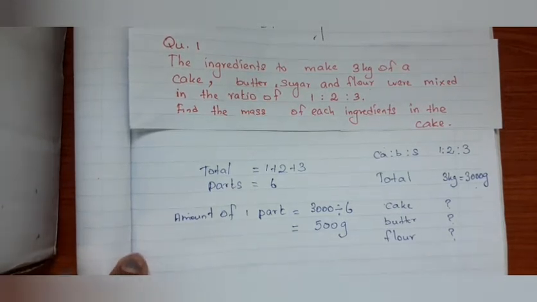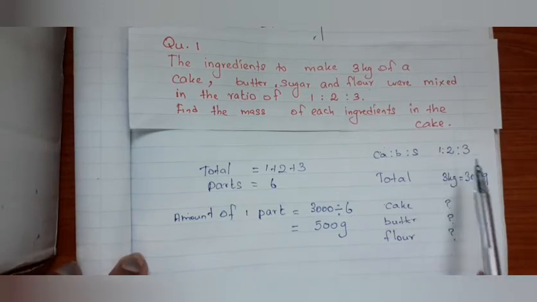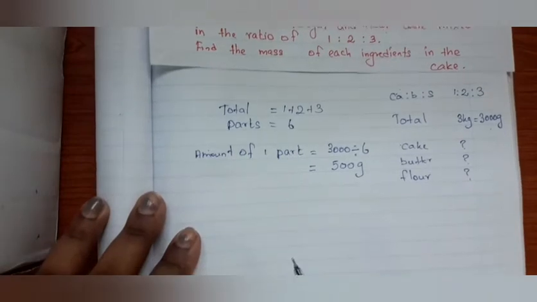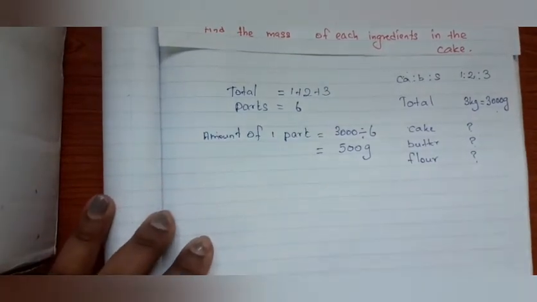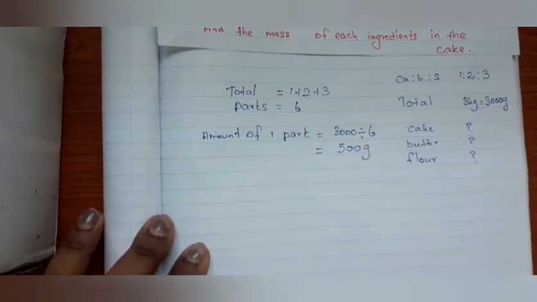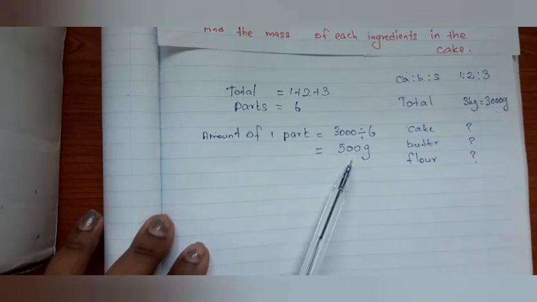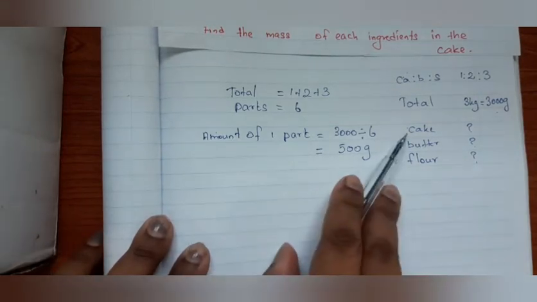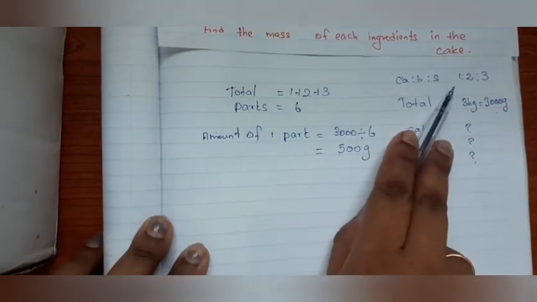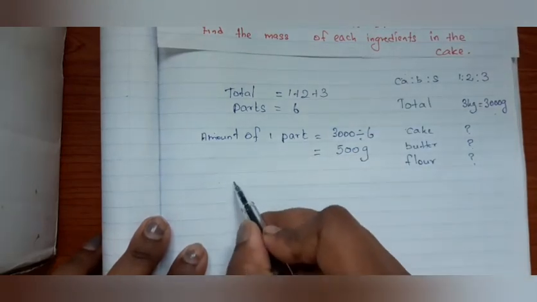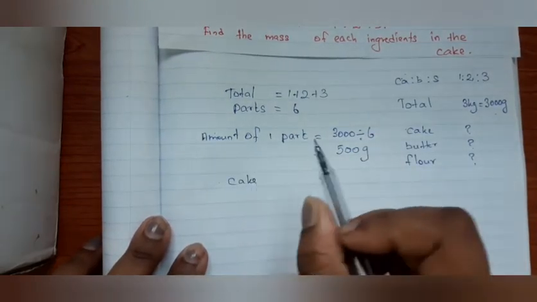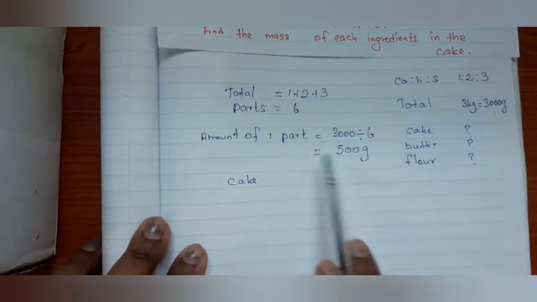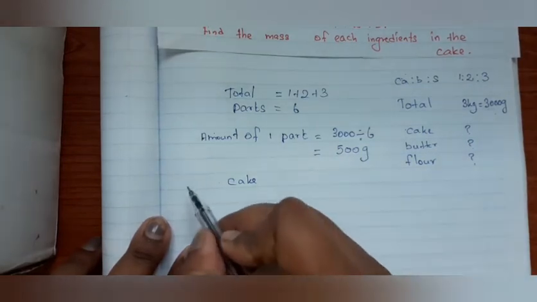Since we have found the amount of each part, now it will be easier for you all to find all three separately. One part contains 500 grams, which means cake contains one part, which is 500 grams.